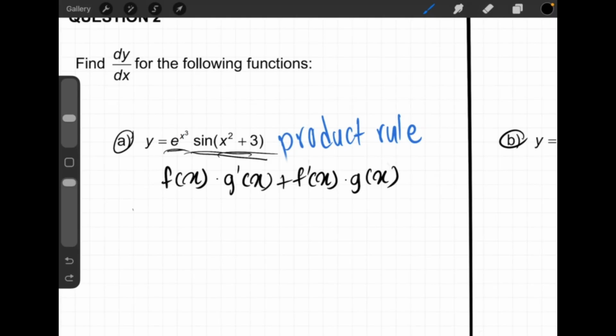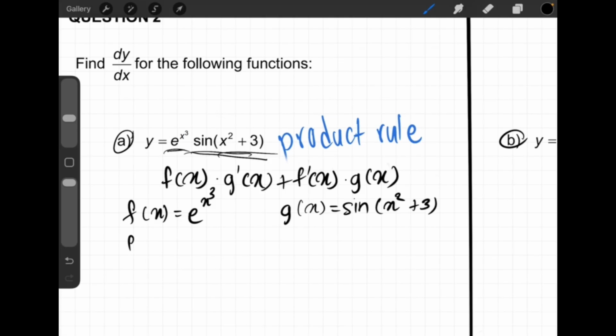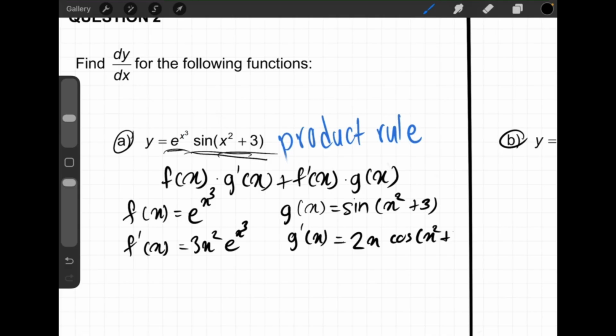So the f(x) in this case is exponent x cubed, while the t(x) is sine of x squared plus 3. So the f'(x) and t'(x) are just the differentiated versions of f(x) and t(x). So f'(x) is 3x squared times exponent x cubed, and t'(x) is 2x cosine of x squared plus 3.